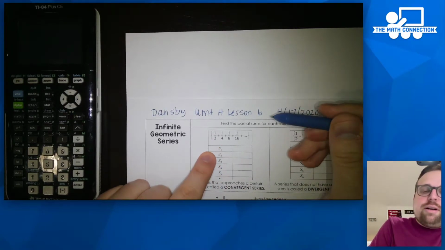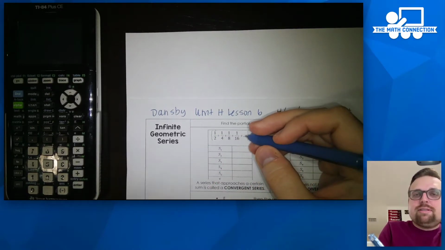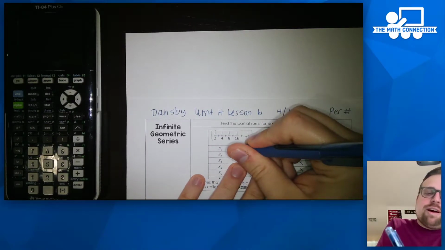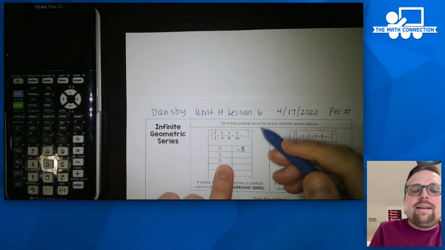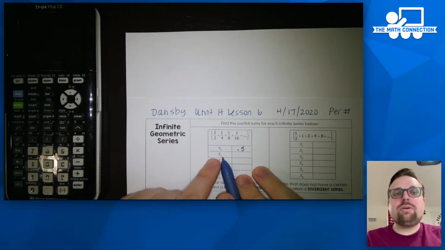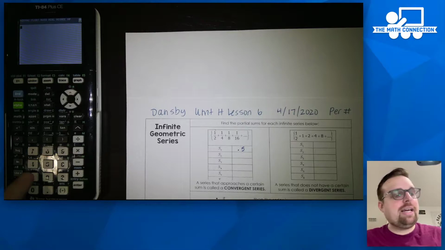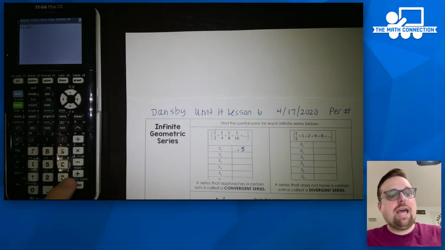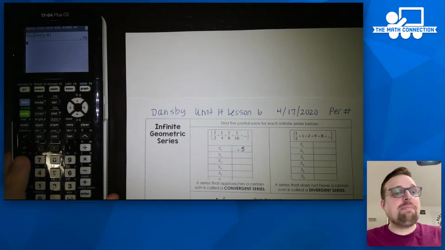The first one is simple because it's just the first term itself, which is 0.5, because 1/2 is 0.5. The sum up to the second term means we add the first two terms together. So if I take 1/2 and add that to 1/4, I get 0.75.